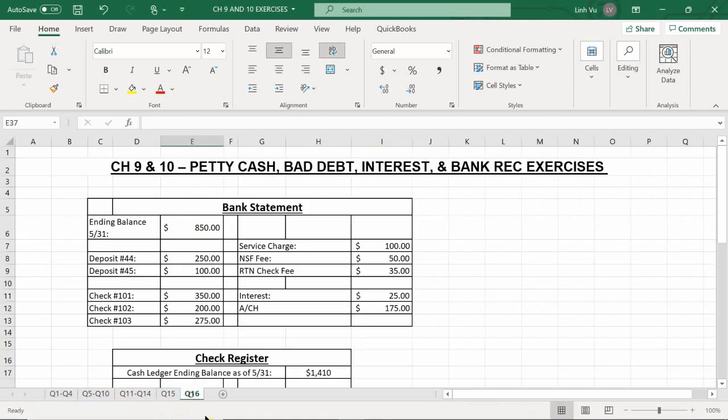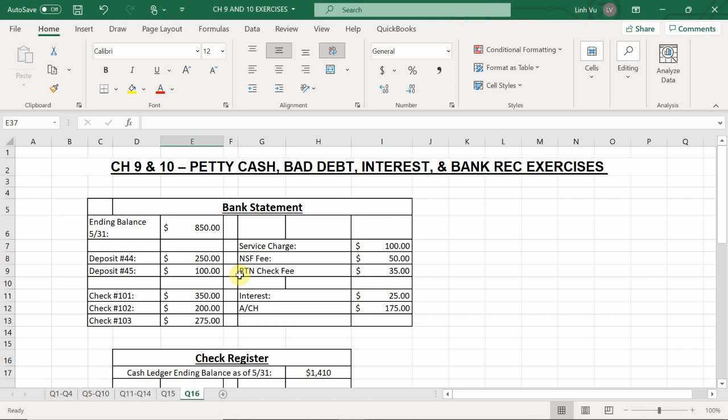All right. Okay, last question here is question number 16, where it's going to be a great example of a bank reconciliation. So as I've mentioned this many times before, you guys are only going to be responsible for knowing the do's and the ifs, right?